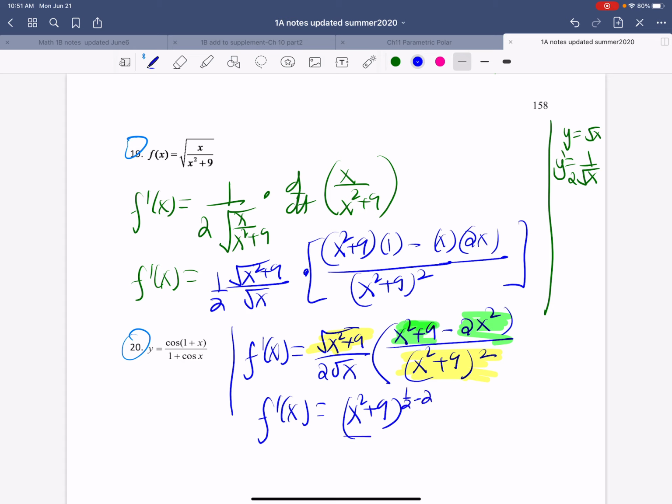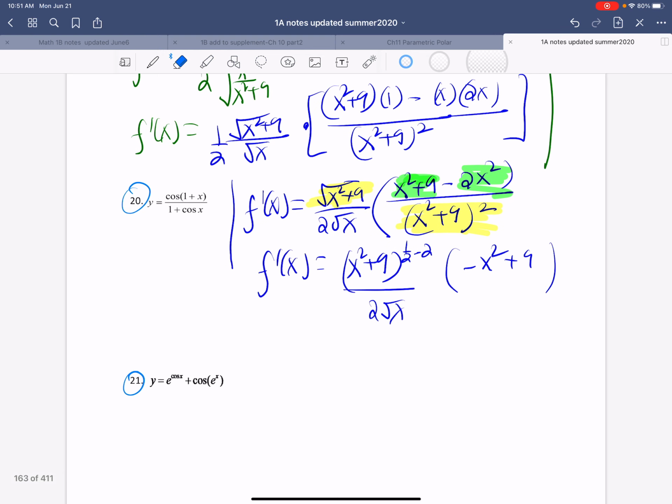Power 1/2 minus 2 over 2 root x times x squared minus 2x squared is negative x squared plus 9 over x squared plus 9. We have already taken care of this denominator, so this is gone from here. Negative x squared plus 9, there's nothing in the denominator. 9 minus x squared, or negative x squared plus 9. So finally, f prime of x is 1 over 2 root x.